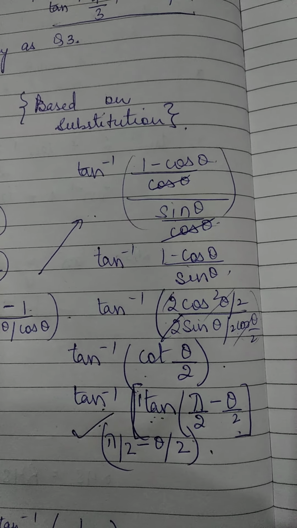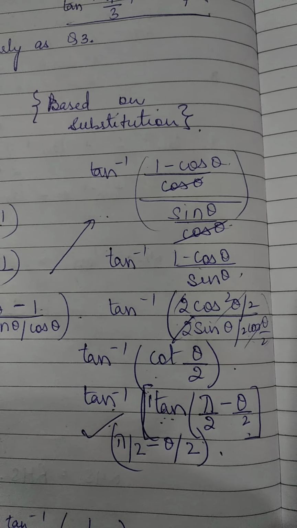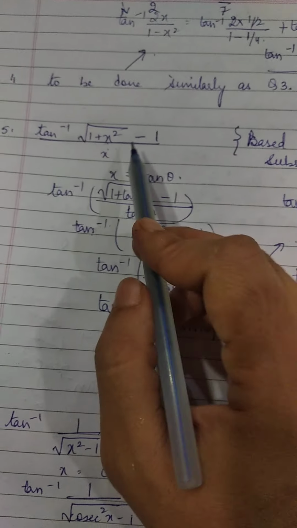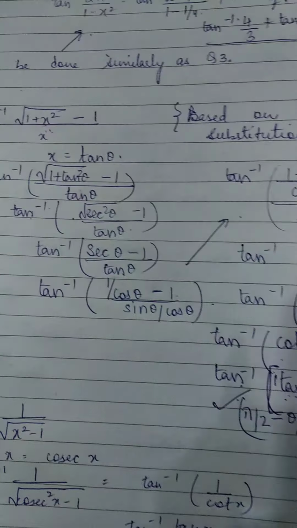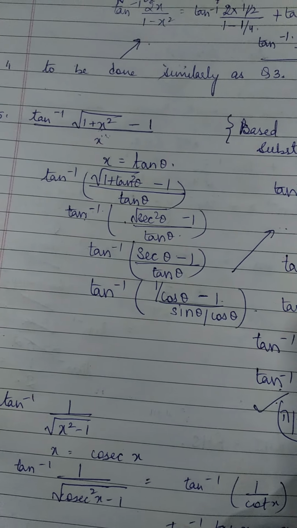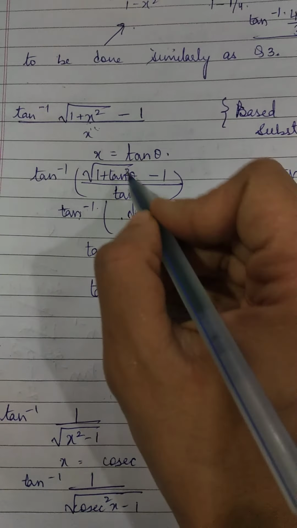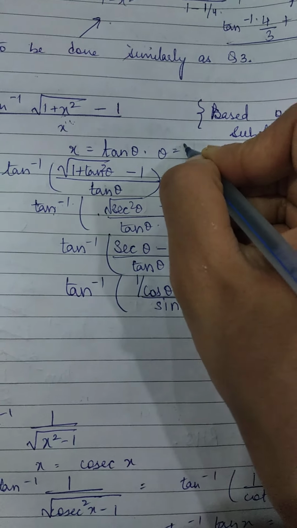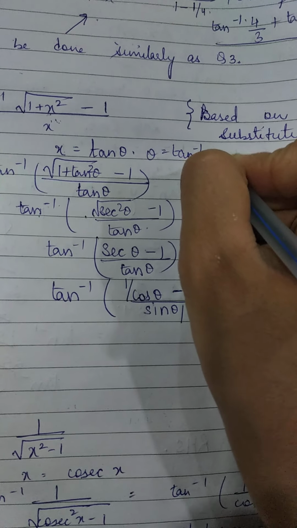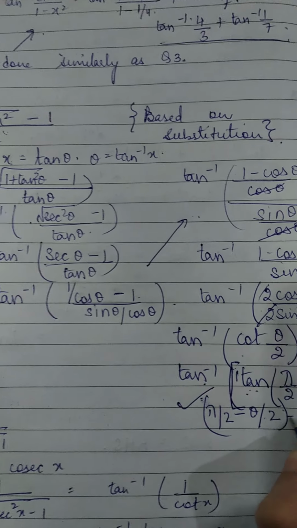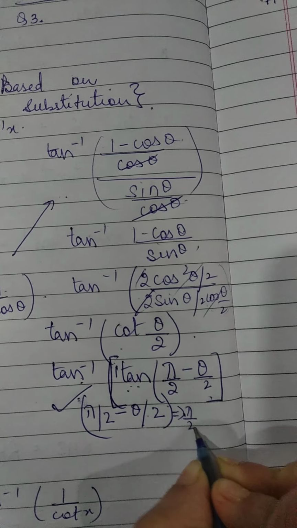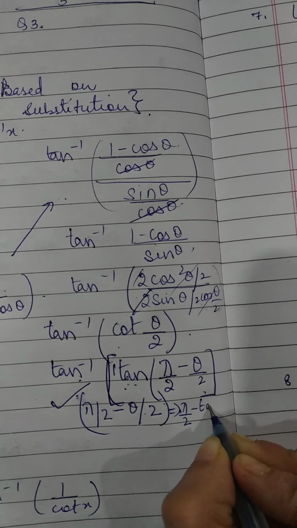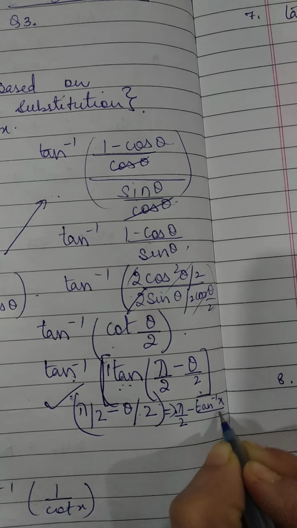Till now we have not got this in the simplest form because our expression was in terms of x, and here we have got it in terms of theta. So if I come back to the substitution, x is equal to tan theta, so theta is equal to tan inverse x. Replacing this, we have pi by 2 minus tan inverse x upon 2.